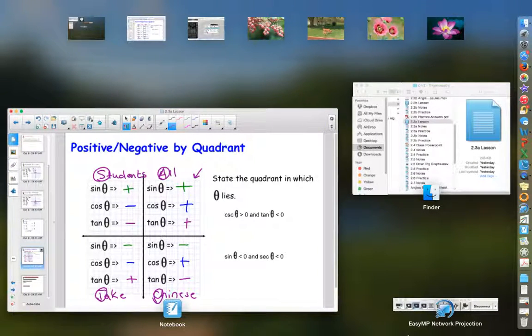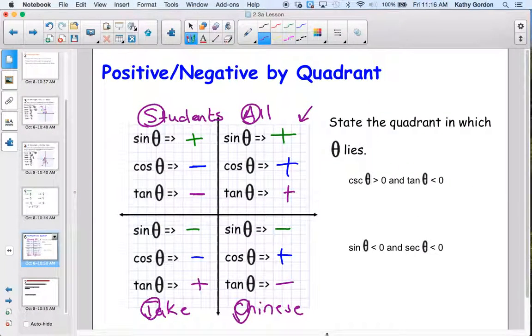When we have to decide what quadrant we are dealing with when there's certain characteristics going on, it also is helpful the other way around. If I know I'm in a particular quadrant, then what does that tell me about what the signs of my trig functions have to be?